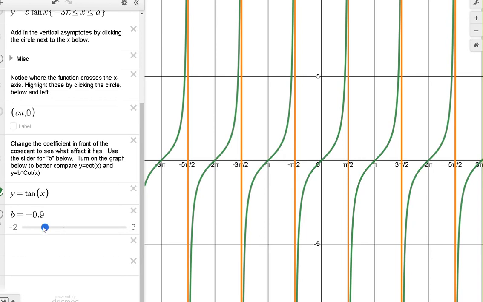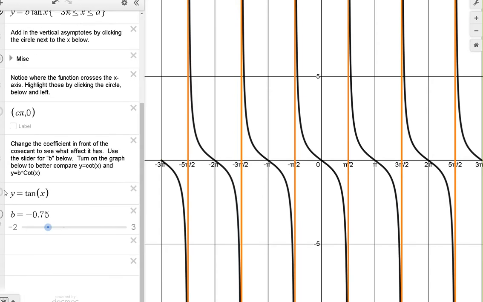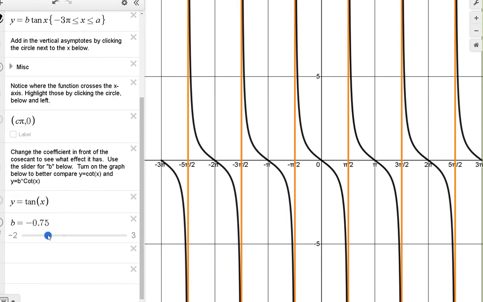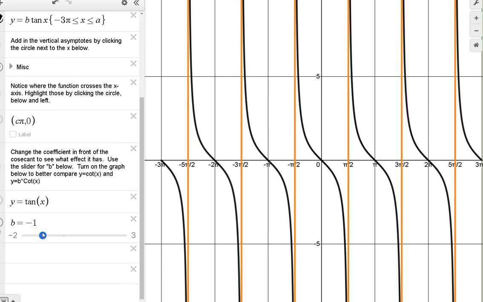That's not -1. There. Oh, I shut off the wrong one. All right, my bad. There we go. I wanted to shut off this one and keep on the top one. So there is a graph of the tangent at -1.